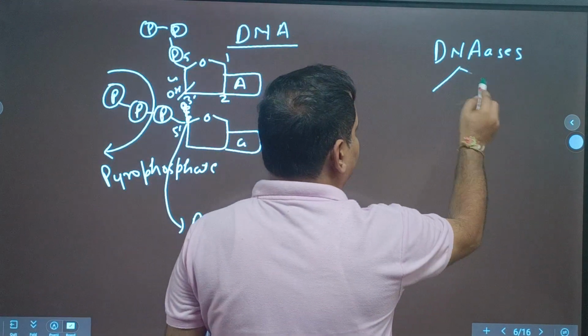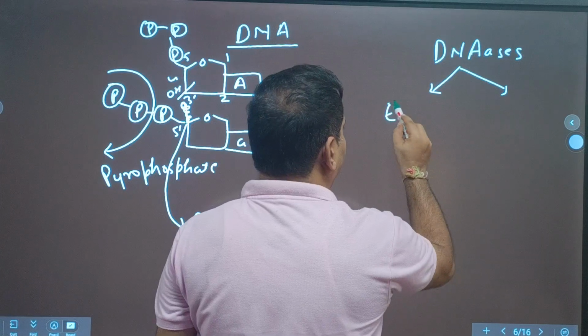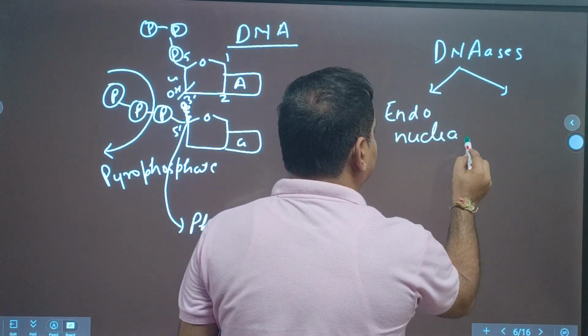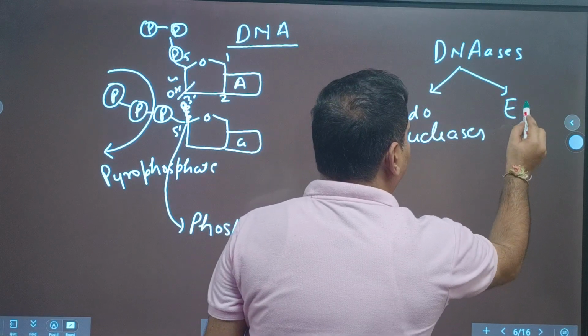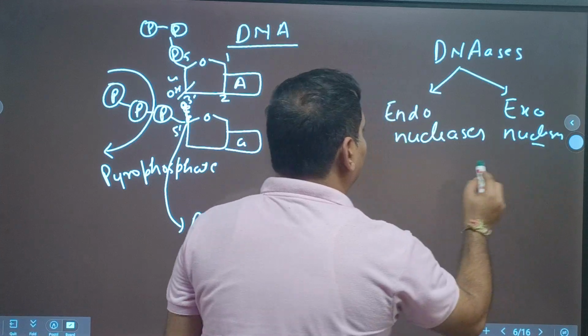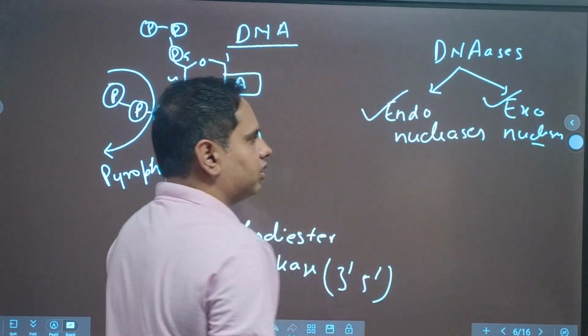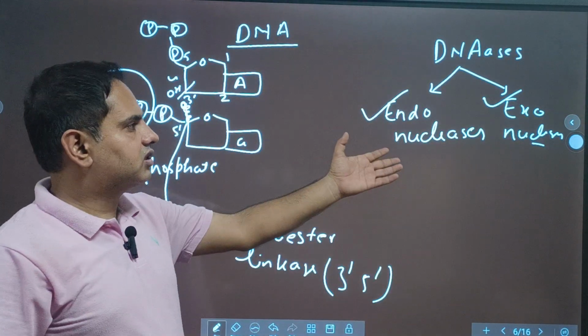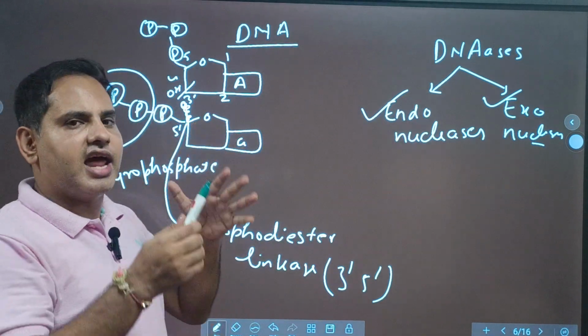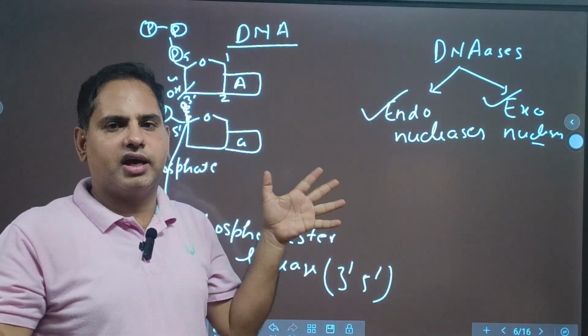These enzymes we classically divide into two parts: endonucleases and exonucleases. Endonucleases are the enzymes which can break this linkage anywhere in between, कहीं भी break कर सकता है.